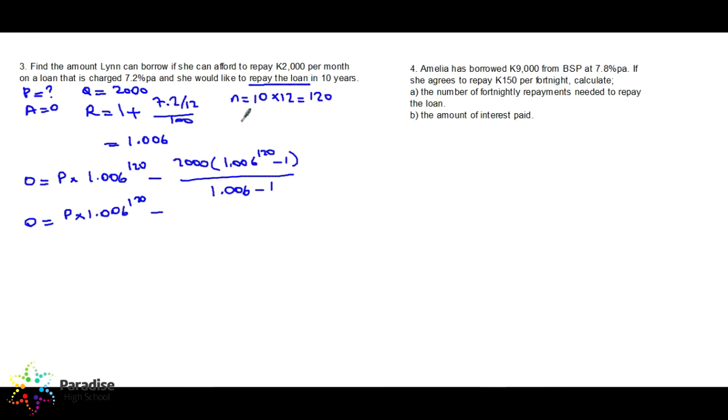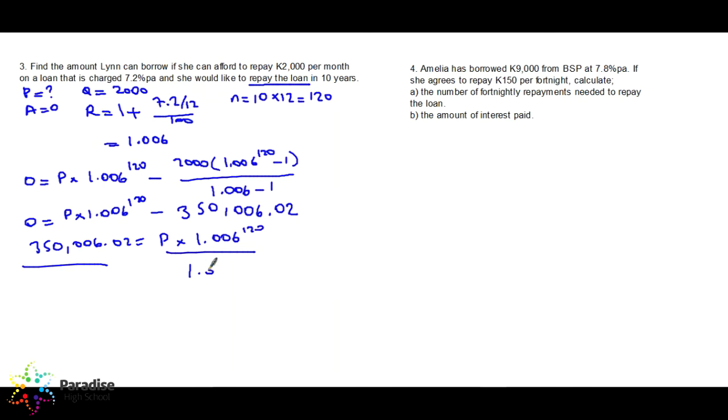It's equal to 350,006.12. So we move this number on the other side. 350,006.12 is equal to P times 1.006 to the power of 120.